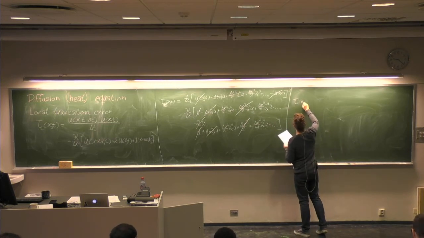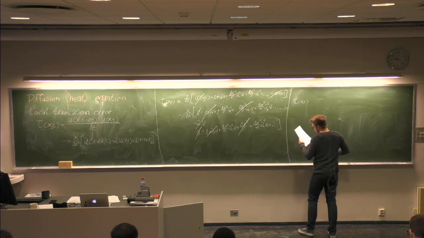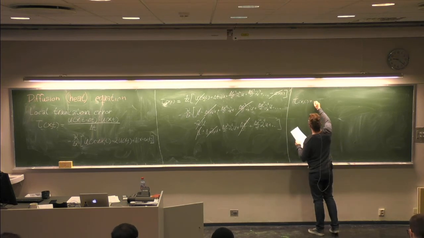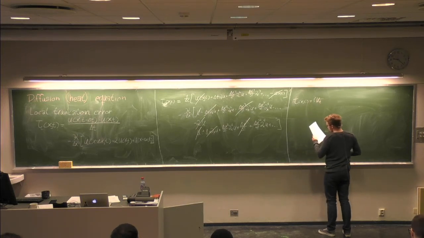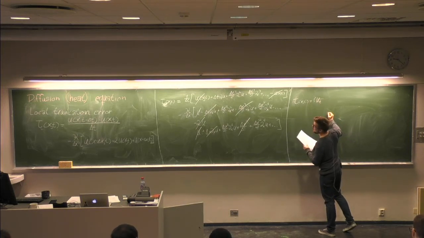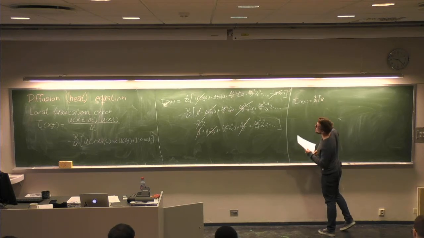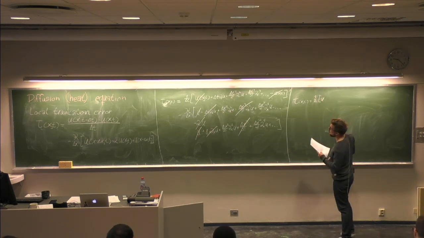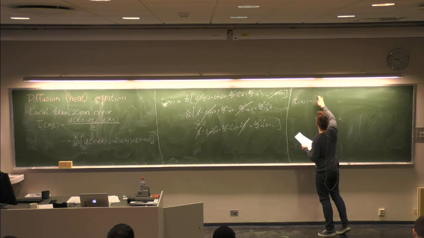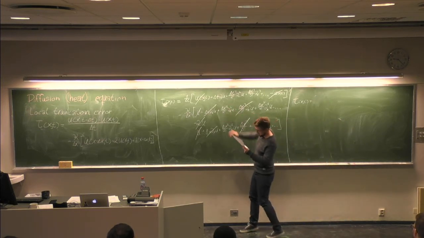So then we're stuck with, I'm using too much space now, tau of x, t equals u of x, t. Should there be a 1 over delta t? No, wait, so we only have this, true.